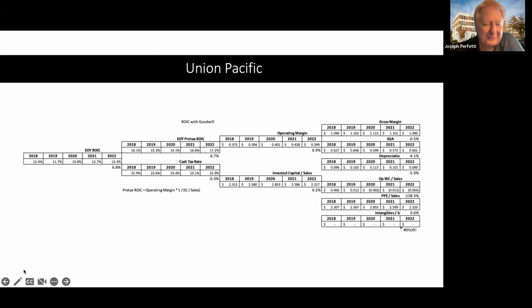So what I was showing you very quickly, a couple of numbers here. ROIC 12.4 to 13.3, tax rate flat 22.9 to 22.9, pre-tax ROIC 16 to 17, although it dipped to 14 before going to 17. Operating margin 37 to essentially almost 40. Okay. And again, it was the SG&A.